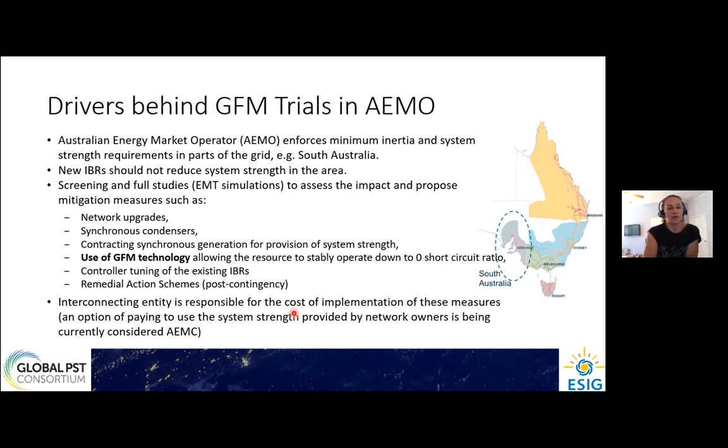And so they are doing screening and full studies to assess the impacts of all proposed projects, and then mitigation measures can be undertaken, such as network upgrades, installation of synchronous condensers, contracting synchronous generation to provide system strength for those projects, or use of grid forming technology that would allow a resource to operate at really low system strength.